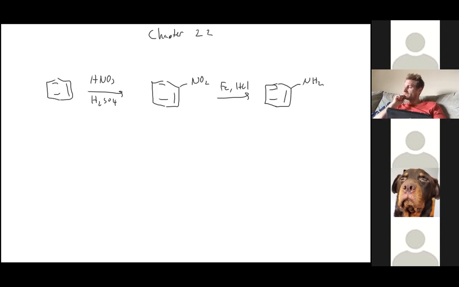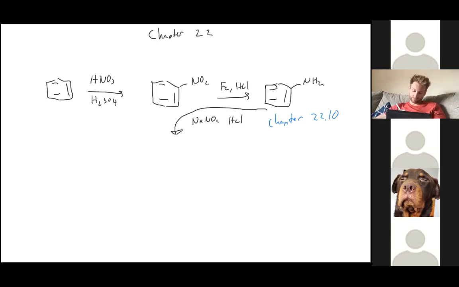From here, if we add in NaNO2 in HCl, this is going to let us make what's referred to as a diazonium. So this is from chapter 22, section 22.10.